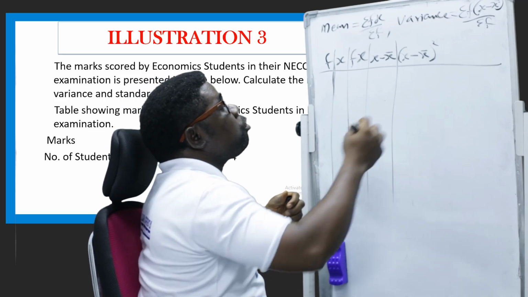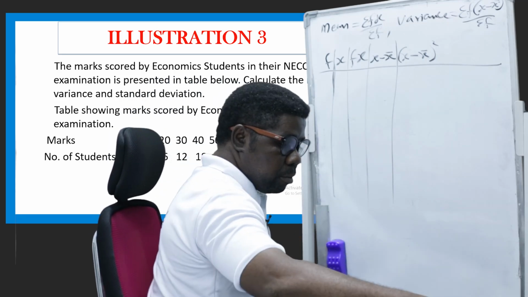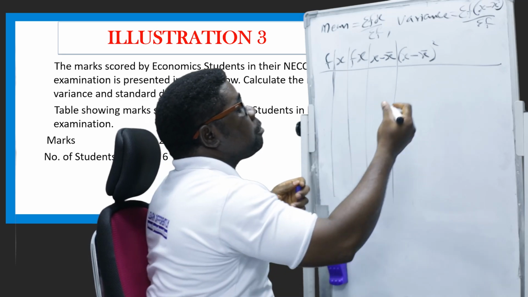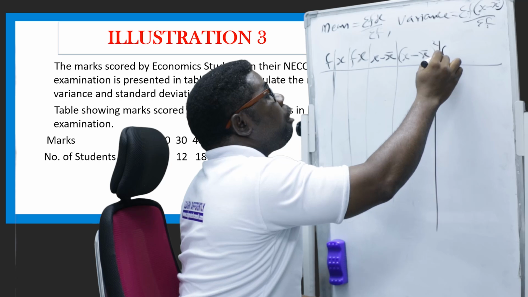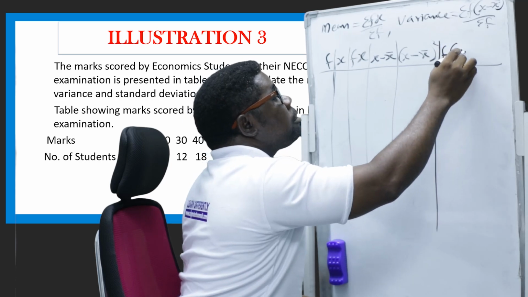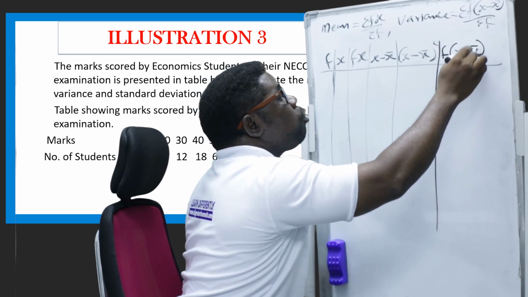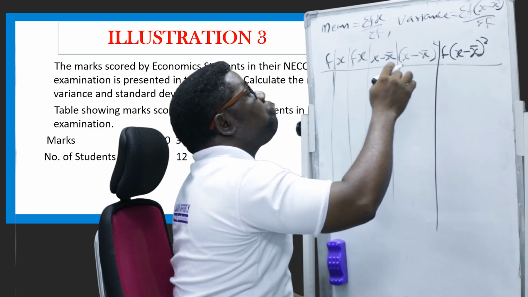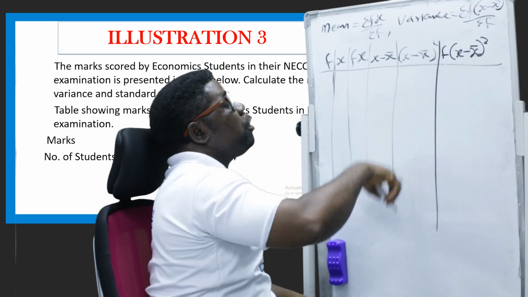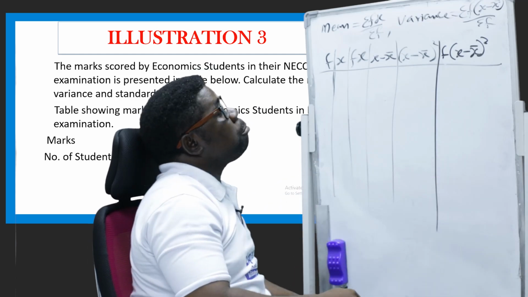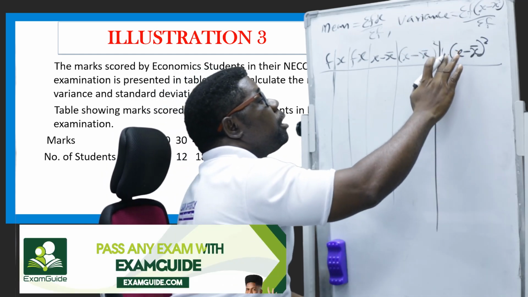Then we're also going to have our f bracket x minus x bar squared. Meaning that we have fully represented our formula in the table. So we're going to fill up the values as the case may be. So let's try and do that properly.